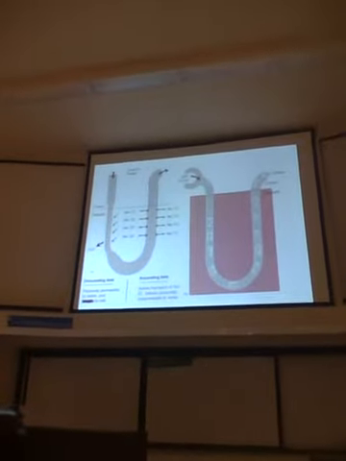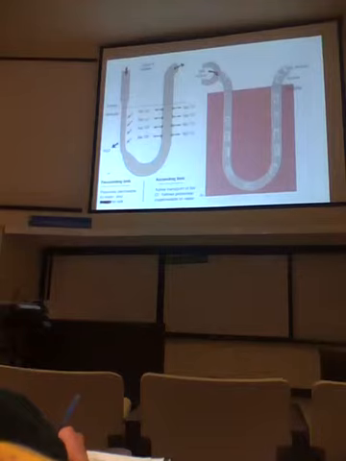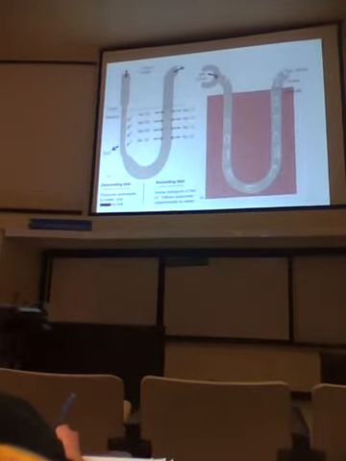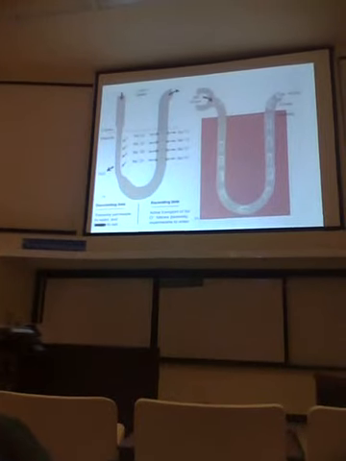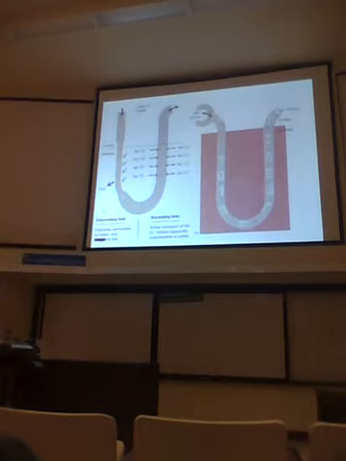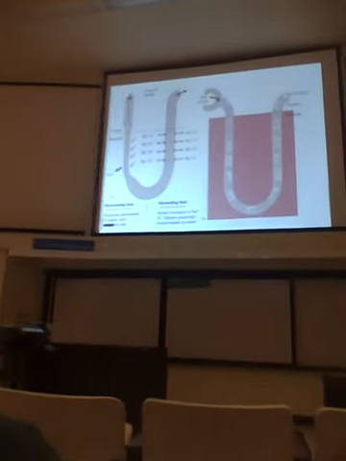So look what's happening here. If we follow sodium, sodium is actively pumped out here and diffuses in here. Goes around, pumped out, diffuses in. Pumped out, diffuses. Sodium is going round and round here. Not much is leaving.